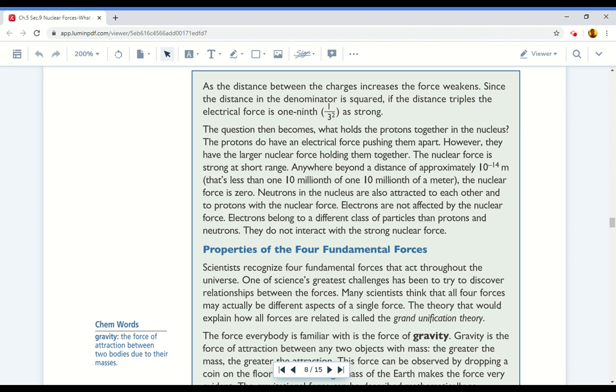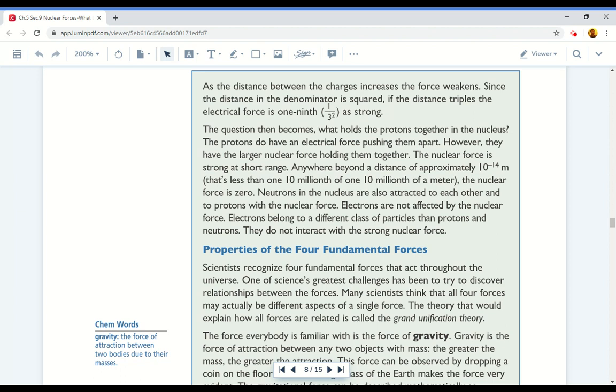Anywhere beyond a distance of approximately 10 to the negative 14th meters, that's less than 1 10 millionth of a meter, the nuclear force is 0.